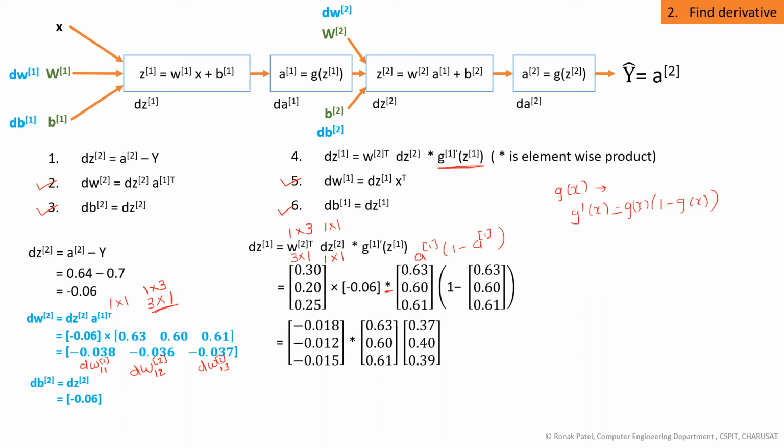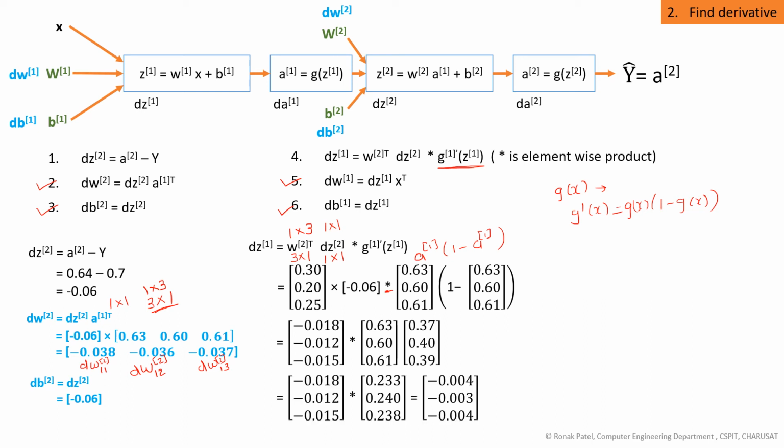So if you solve this, you will get this value, and at the end, after performing this element-wise multiplication, you will get this value of dz1. So we have calculated dz1, and the size of dz1 is 3 cross 1.